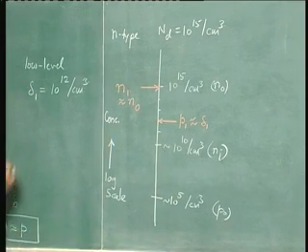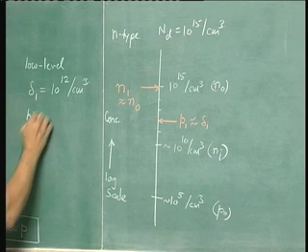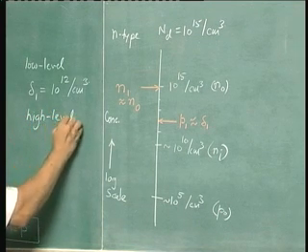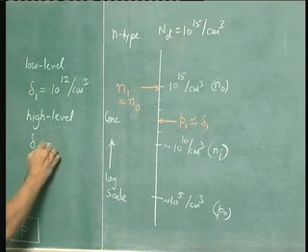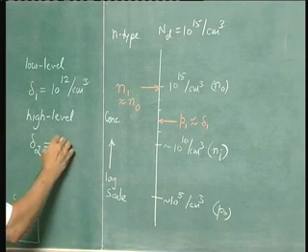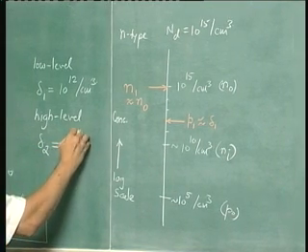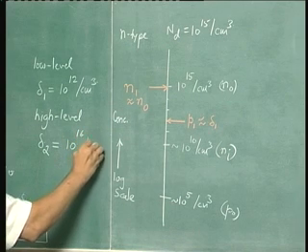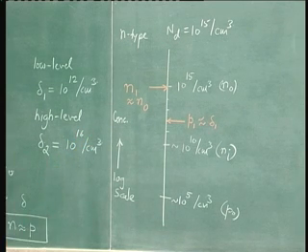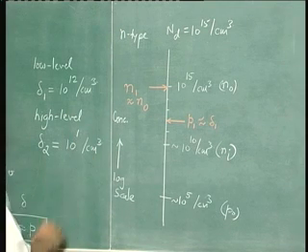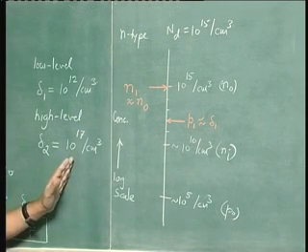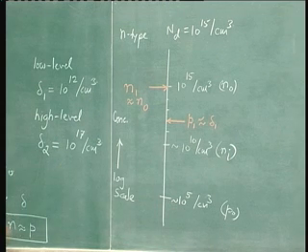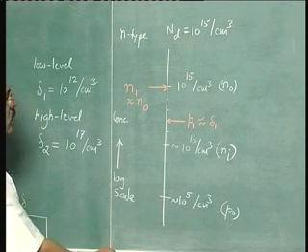Let us consider another case, that is the high level. This means you have an excess carrier concentration delta 2, which is, let us say, 10 power 16 per centimeter cube, or let us say 10 power 17. Now, what are your electron and hole concentrations?